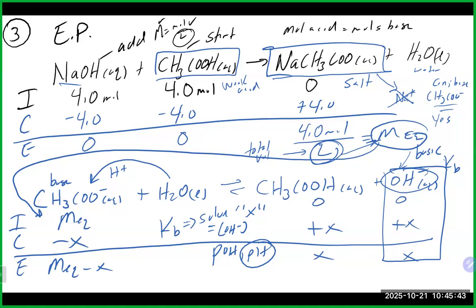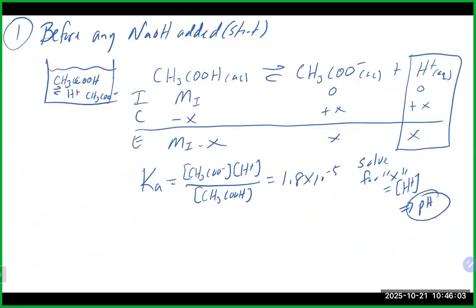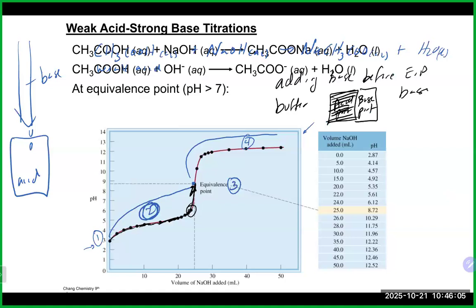Any questions on that? So in this type of titration, when you hit the equivalence point, you will always have a salt that will go through hydrolysis because it came from a weak acid. And because of that, it will always produce hydroxide, and you'll have a basic pH at the equivalence point in this type of titration. As we could see here, at the equivalence point, it is not a pH of 7 in this titration. It is a pH of 8.7, yes.